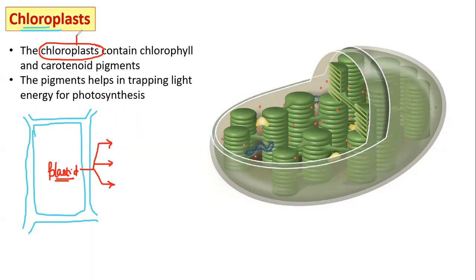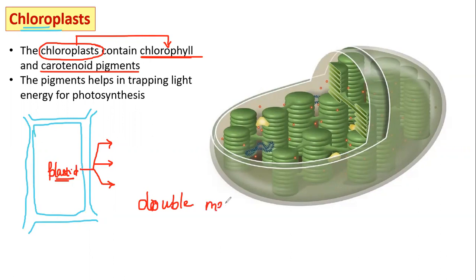Inside the chloroplast, you'll find the green colored pigment, chlorophyll, a term you have been hearing from the lower classes onwards, and the carotenoid pigments are also present inside the chloroplast. Clear, everyone? Always remember, chloroplast is a double membranous structure.